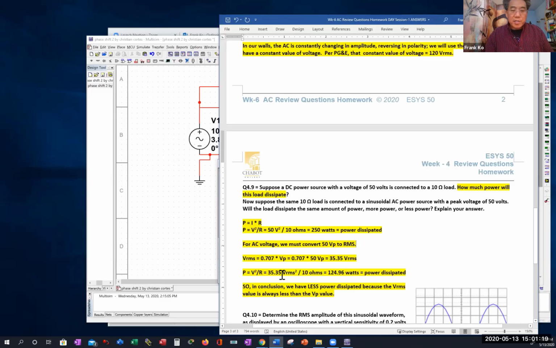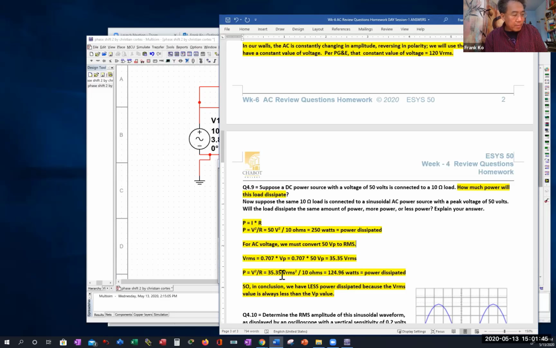They also had the same miscalculation. So listen carefully. You take 35.35, you hit square, and then you hit equals. Then divide by 10.